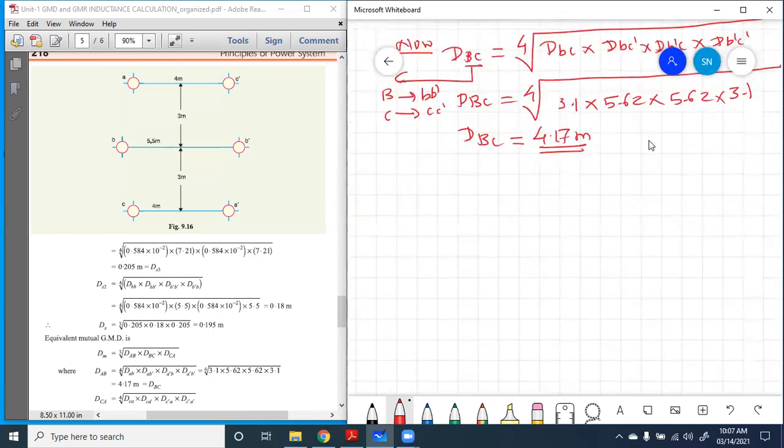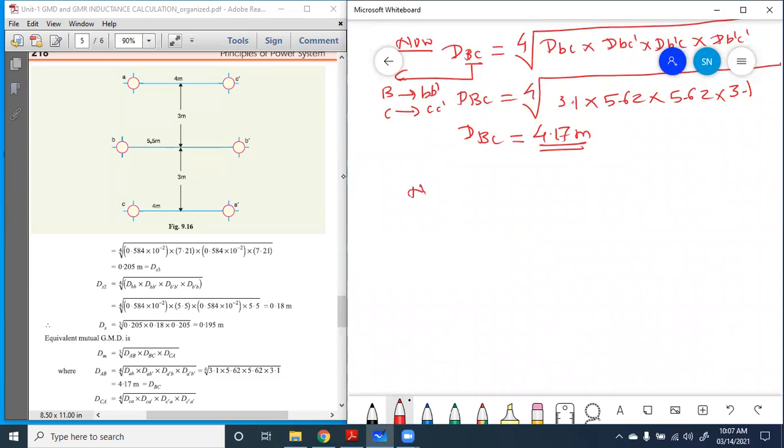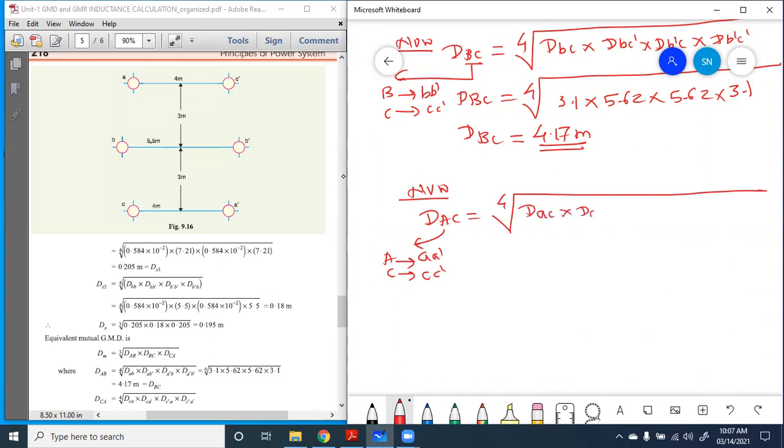Similarly, now the last combination, that is phases A and C. Again phase A is made up from A and A dash, and C is made up from C and C dash. What is the combination for these two phases? Distance between AC conductors, AC dash, A dash C, and A dash C dash.